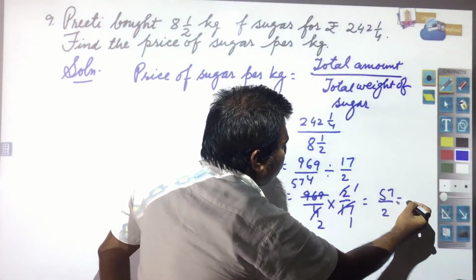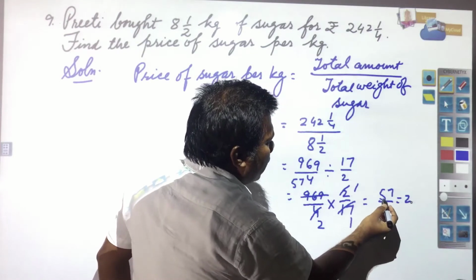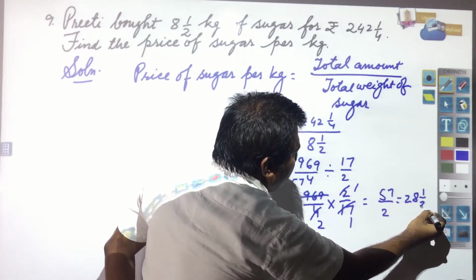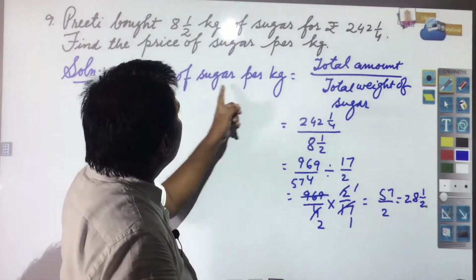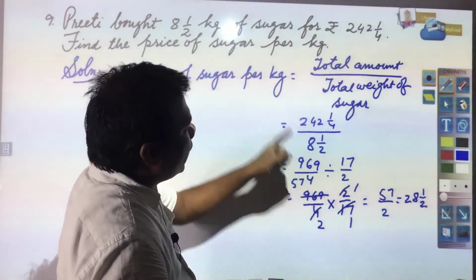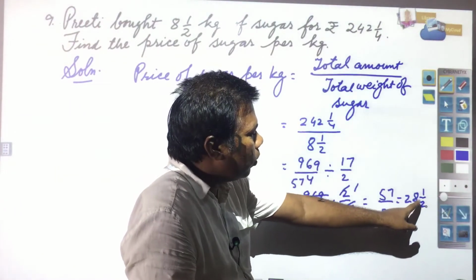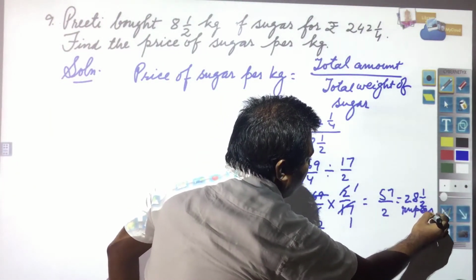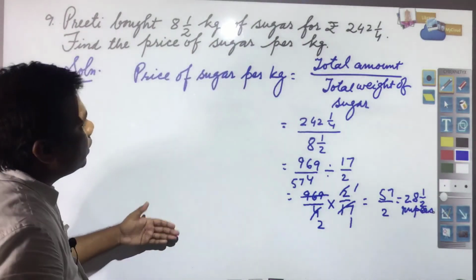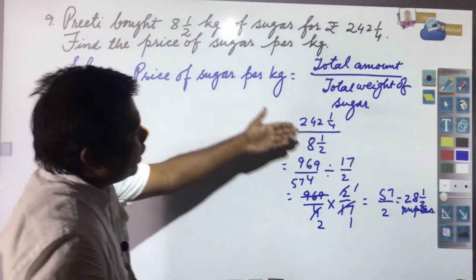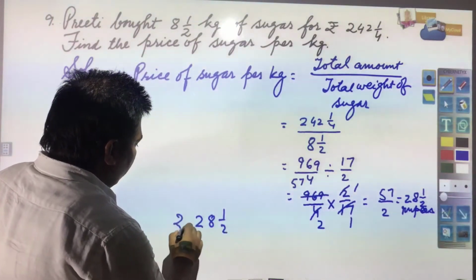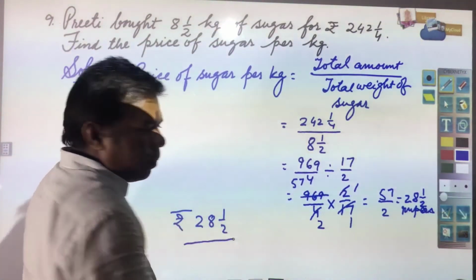It means 2 twos are 4 and 2 eights are 16 and 1 by 2. So, price of sugar per kg will be 28 whole 1 by 2 rupees. So, finally, you can write hence price of sugar per kg will be 28 whole 1 by 2 rupees, and this will be your answer.